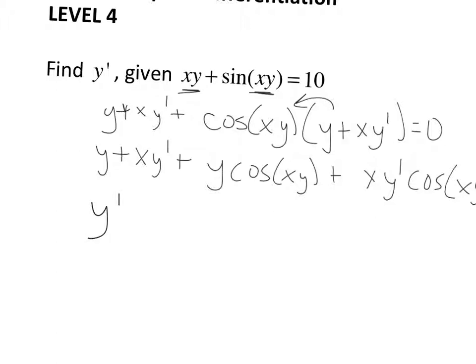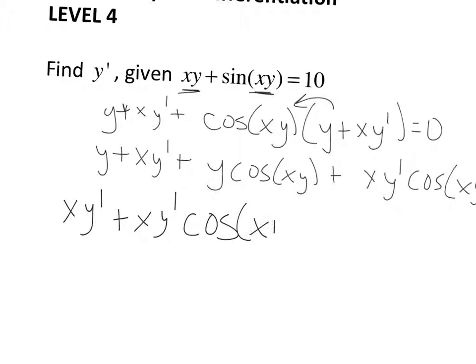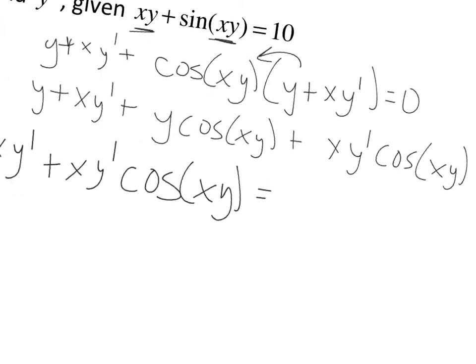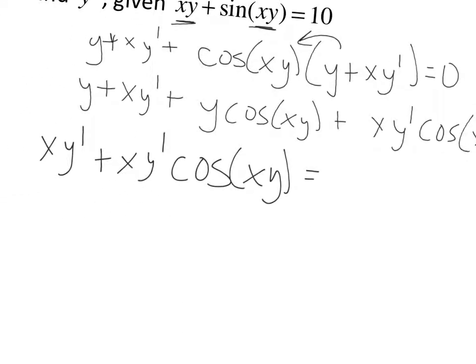Actually, let me do one more step first. Let me get everything with y prime on the left, and then let me put everything without y prime on the right. So I have x y prime plus x y prime cosine xy equals, since there was just a 0 on the right side there, I can just move those other two terms over.